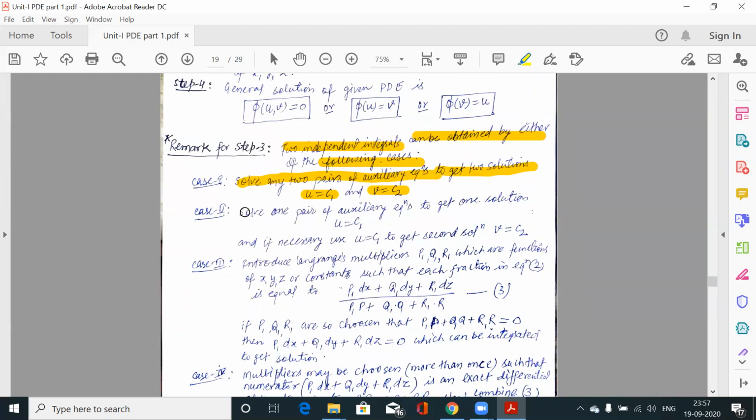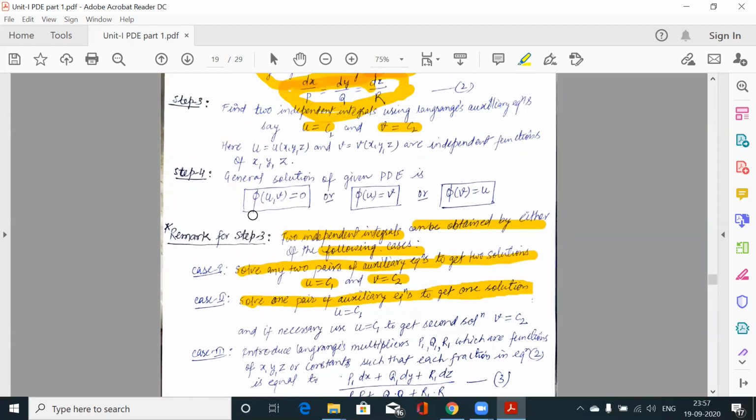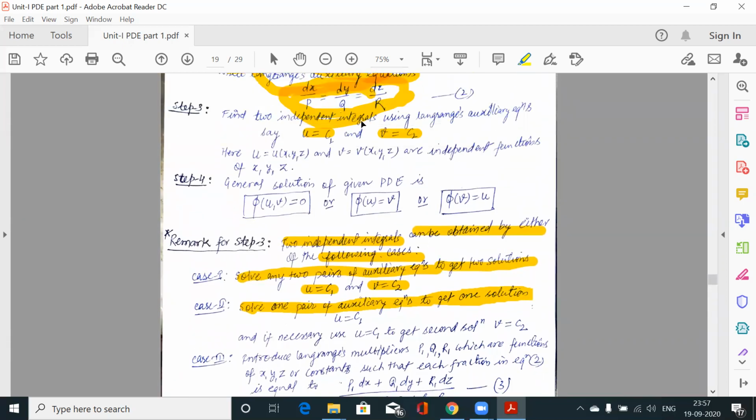Second case, suppose one pair is possible, meaning one possibility is there for direct integration. Out of these fractions, suppose two fractions are of the type which are integrable directly, so we can get one solution from there. Suppose that one solution is u equals c1.